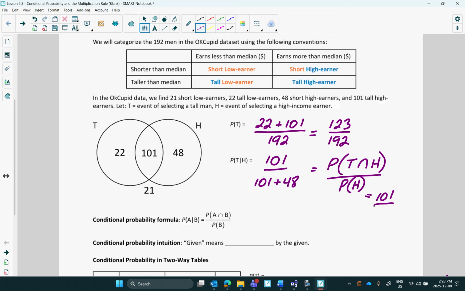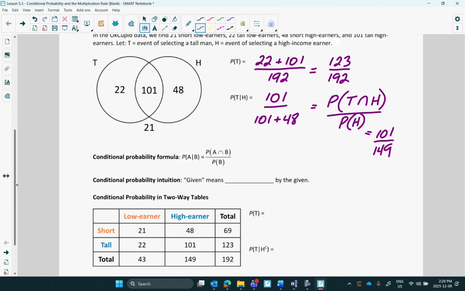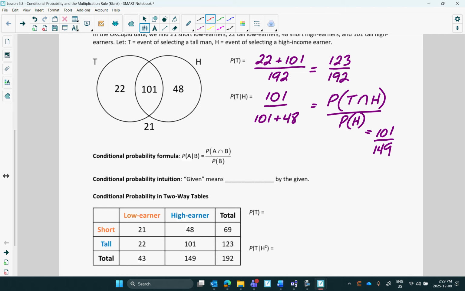Notice the denominator changes now, 149, because we're not counting all of them now. It's only out of all the high earners. That is the conditional probability formula. And this is another one, like the addition rule, that you will get.